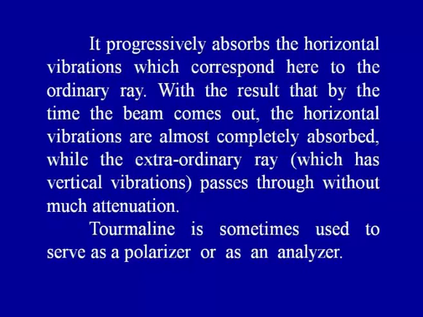It progressively absorbs the horizontal vibrations, which correspond here to the ordinary ray, with the result that by the time the beam comes out, the horizontal vibrations are almost completely absorbed, while the extraordinary ray, which has vertical vibrations here, passes through without much attenuation. The tourmaline crystal is sometimes used to serve as a polarizer or as an analyzer.